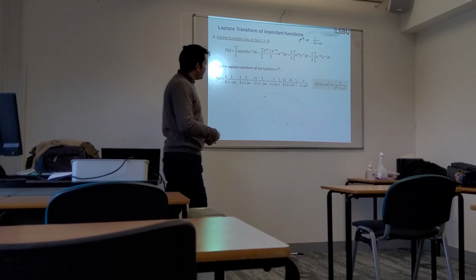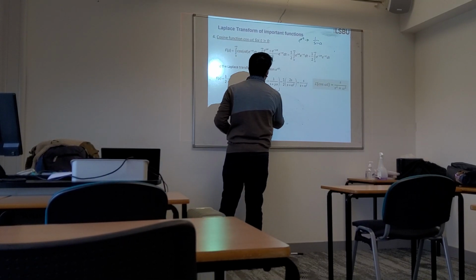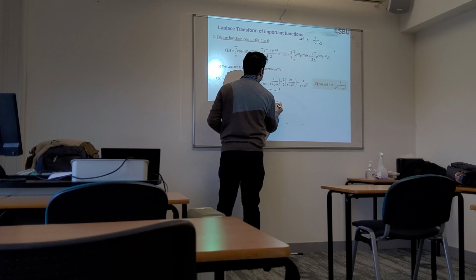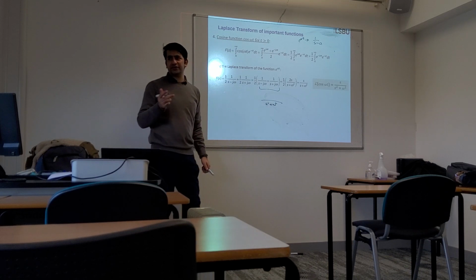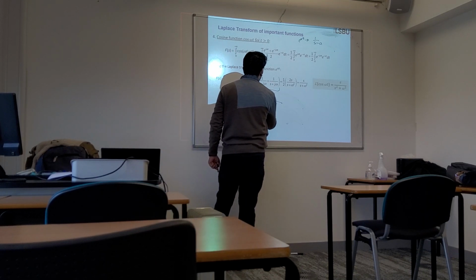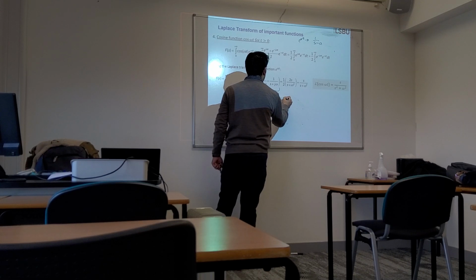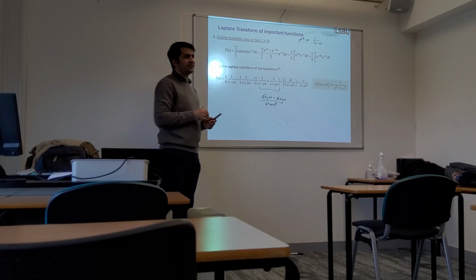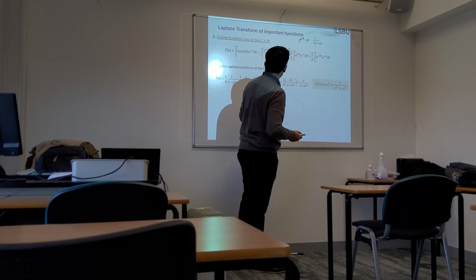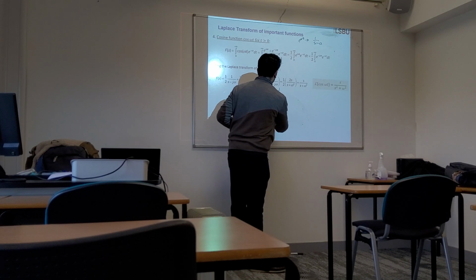Because when I attempted to solve this for a cosine, if I take the LCM, it would be s square plus omega square, from the formula for a minus b into a plus b, and on top it would be s plus j omega plus s minus j omega. So you can see that j omega is cancelled, and s adds up, in the case of cosine.